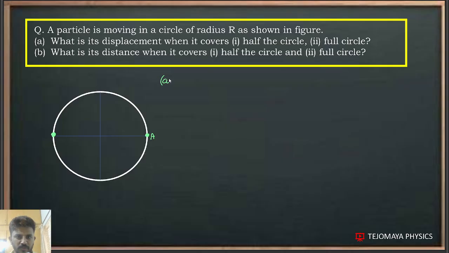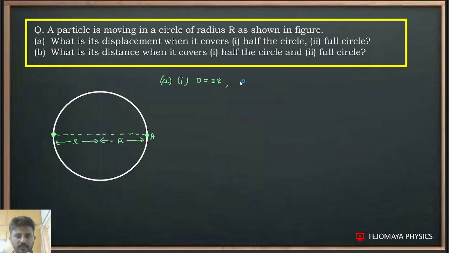For the first question, for half the circle, the shortest distance is nothing but the displacement. What is this? Diameter. If I consider this is the radius r, this is the radius r, the total displacement for the half circle is 2r, or diameter.